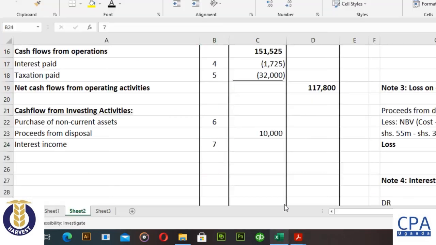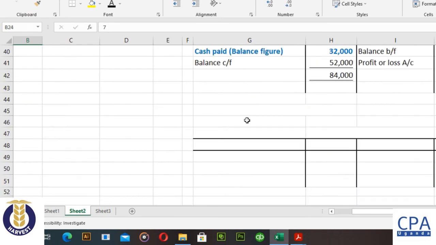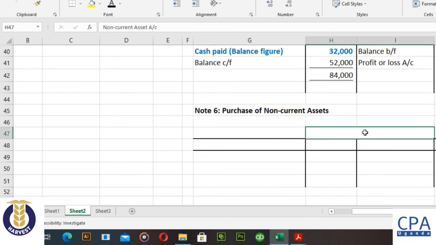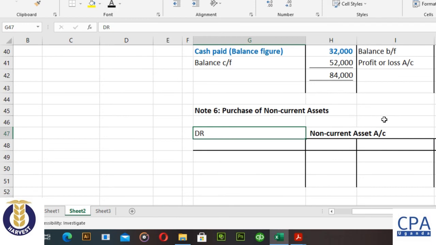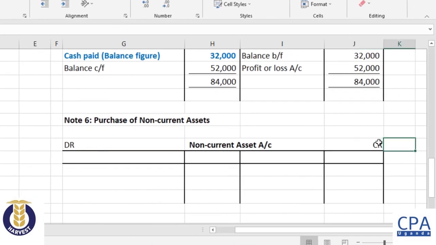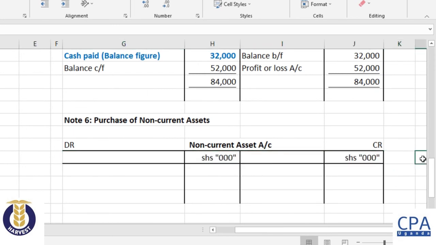So going to my notes in the Excel sheet that I'm using here, just below I have the purchase of non-current assets, and of course I'm going to use the T account for the non-current assets. Now, this format that I'm going to present here is going to be useful as you continue to work out your cash flow statements.